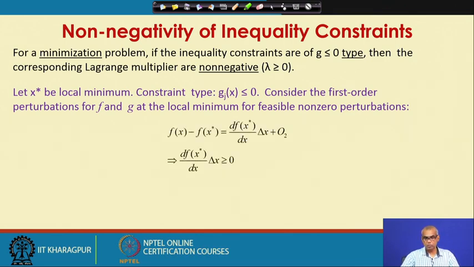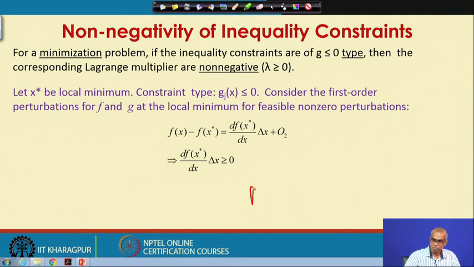So, I can expand the function f of x by Taylor series as shown. So, f x minus f x star equal to d f d x into delta x. Delta x is x minus x star, a perturbation or deviation.